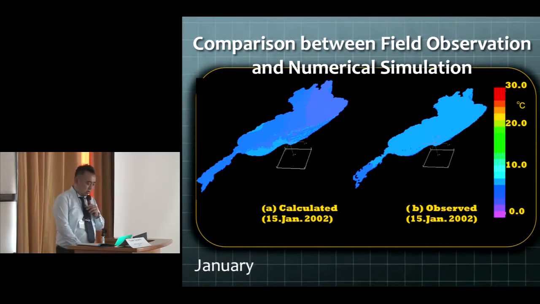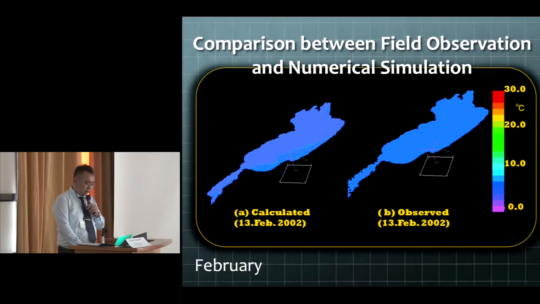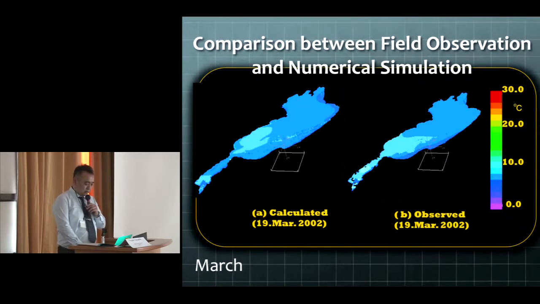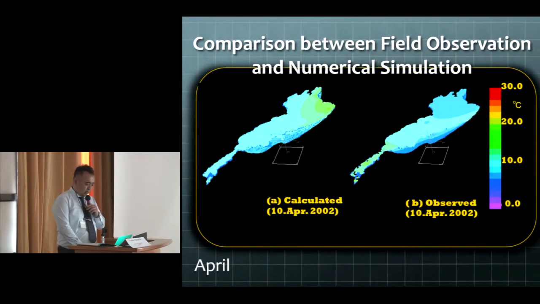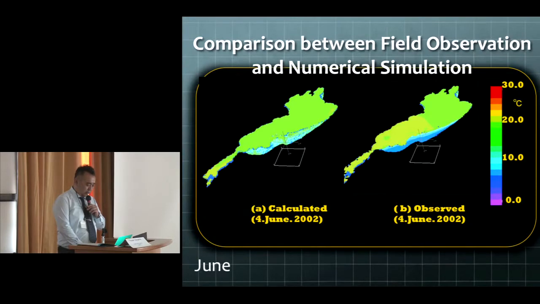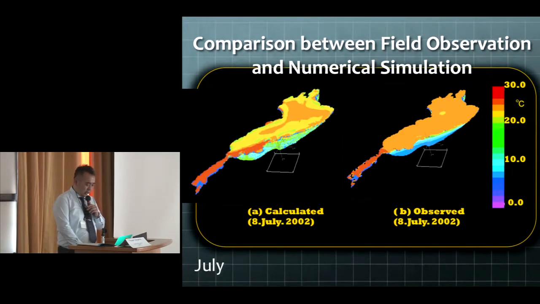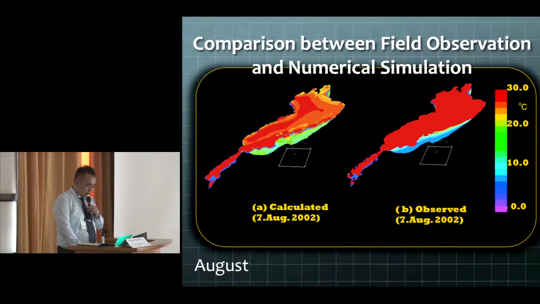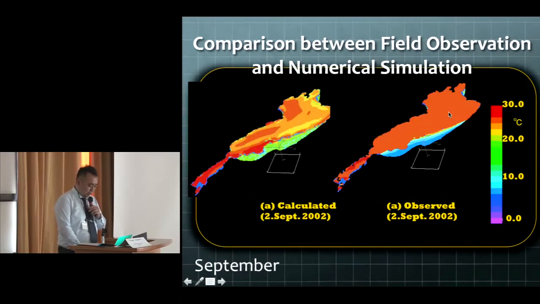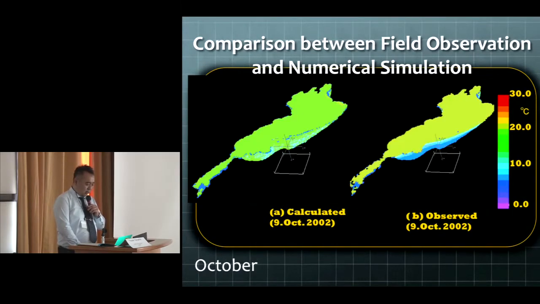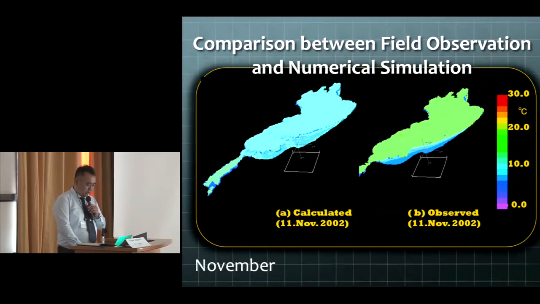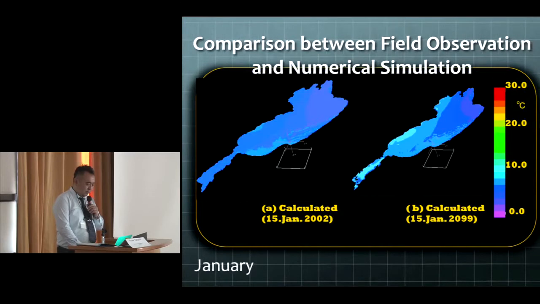It's quite old, but at that time they obtained all the data, for March, April, May, June, and July. Of course, there are some differences between the calculation and the observation, but the surface temperature reproducibility might be acceptable. And this is November, and this is December.